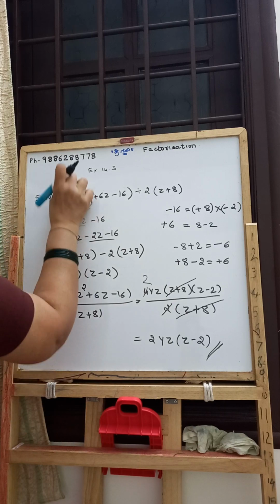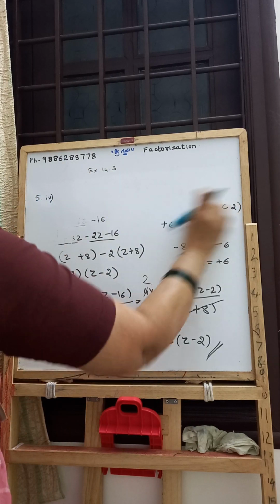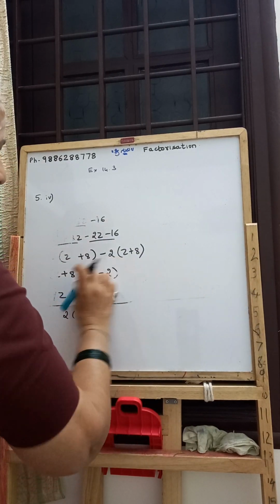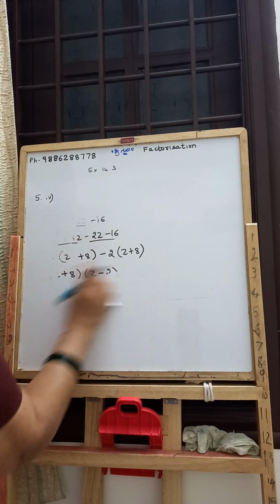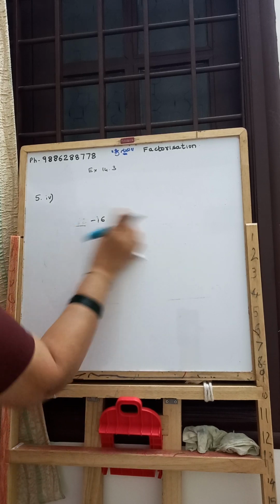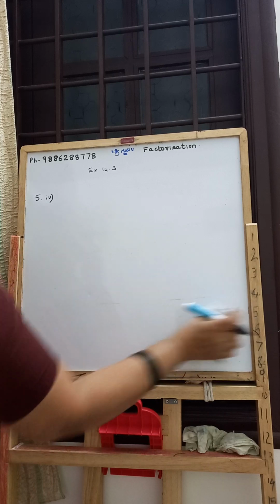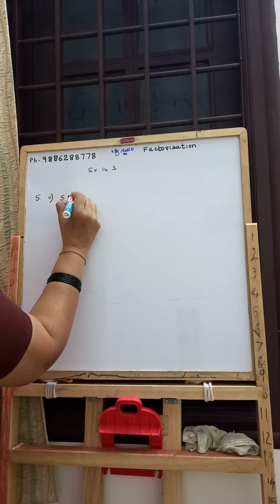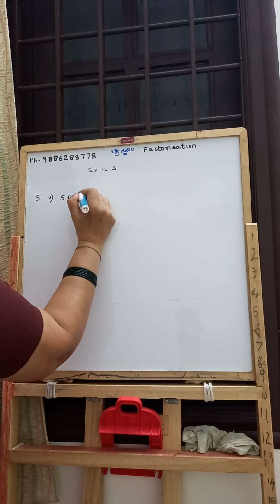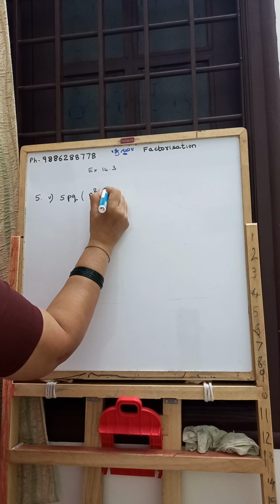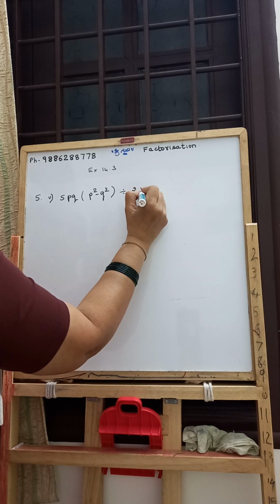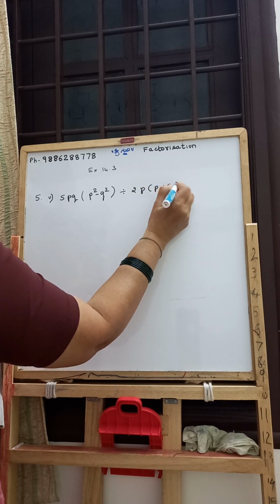Now the fifth one. 5pq into bracket p square minus q square divided by 2p into bracket p plus q.